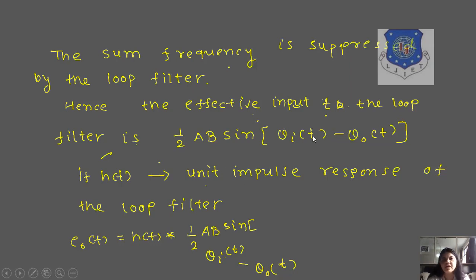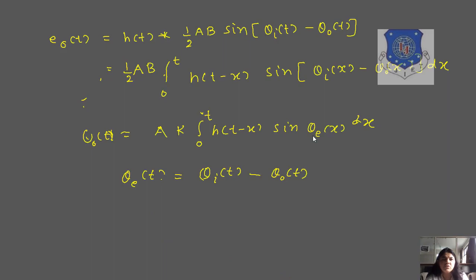We put this component over here. So E0(t) is equal to h(t) convolved with 1/2 AB sin(theta_i(t) minus theta_0(t)).